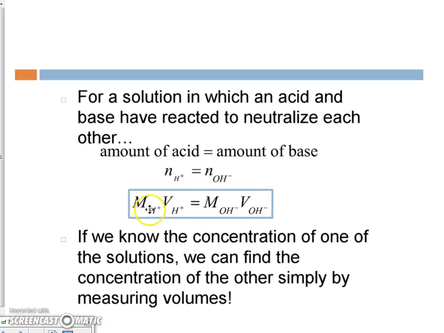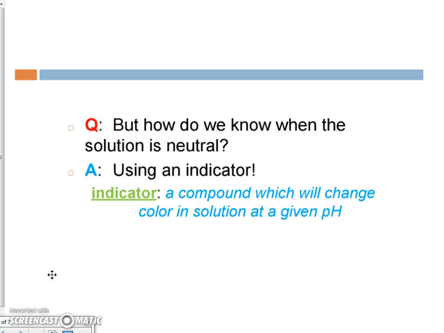Looks a whole lot like something we've done before: that whole M1V1 equals M2V2, or M concentrated times volume concentrated. We've used this before. The math looks exactly the same. So if we know the concentration of one of the solutions, we can find the concentration of the other simply by measuring volumes. And that's what titration does. It's a very exact way of measuring volumes using a burette.